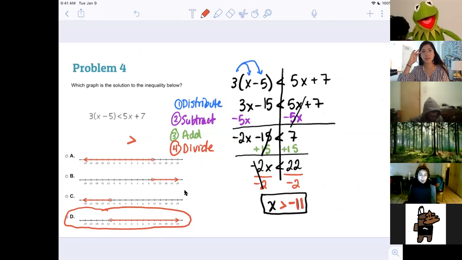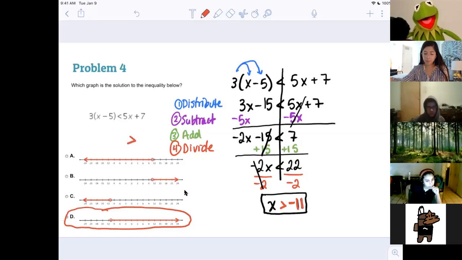So it changes the sign of your answer, and whenever that happens, you also have to change the direction of the symbol. It's just one of those mathematical rules. That's just what happens.